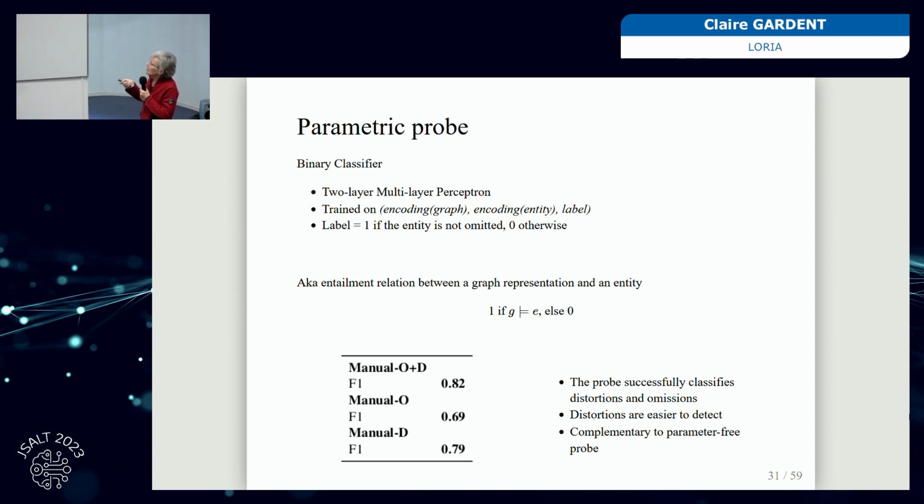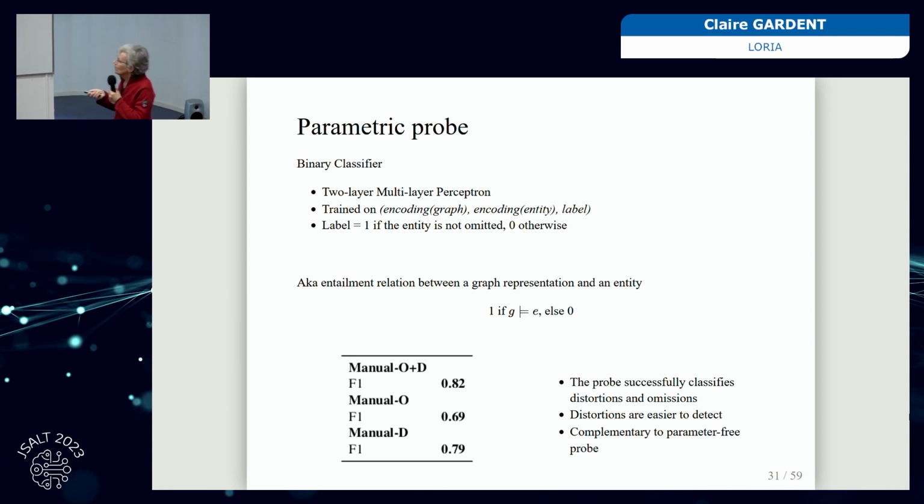You can see this kind of classifier as modeling a sort of entanglement relation between a graph representation and an entity. It will be 1 if the graph contains the entity, and 0 otherwise. And you see that the classifier for omission has almost 70% accuracy. Again there is a distinction between omission and distortion, which in this case goes the other way.